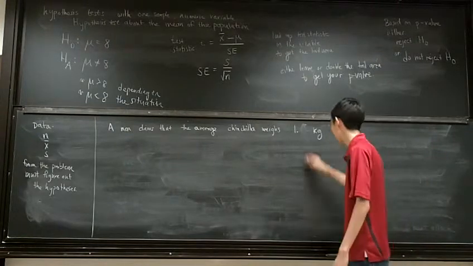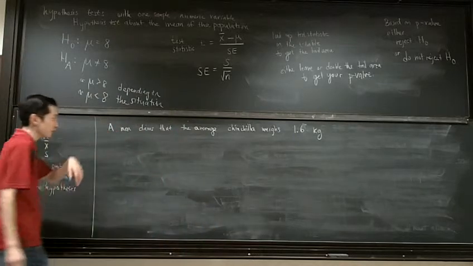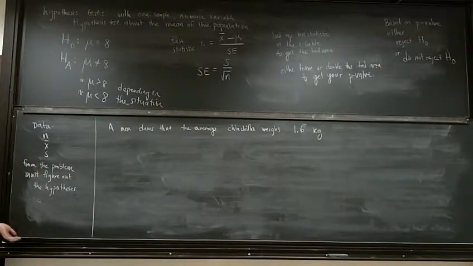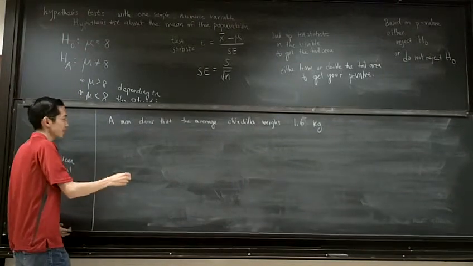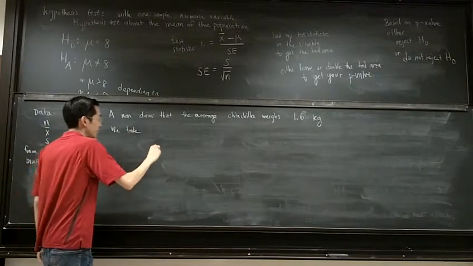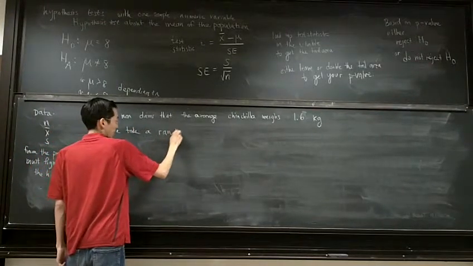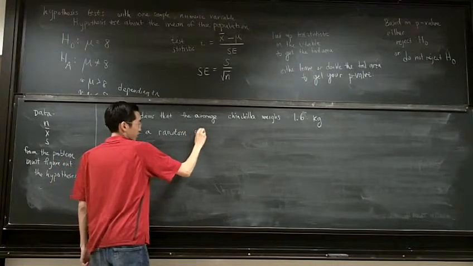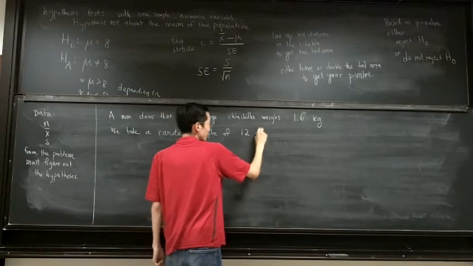Let's say 1.6 kilos. So a man claims that the average chinchilla weighs 1.6 kilograms. Okay, you are not quite so sure. All right, so we take a random sample. Somehow we get a random sample of chinchillas. Let's say 12 chinchillas.